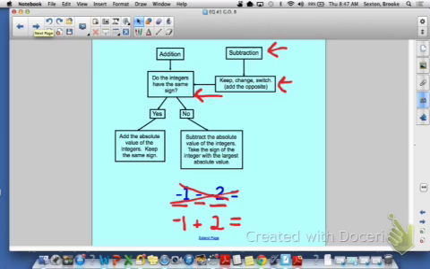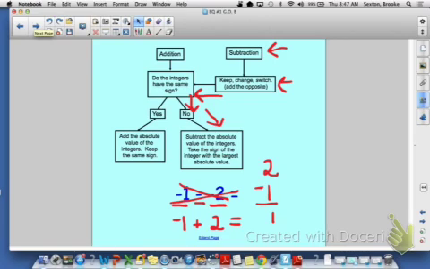Do the integers have the same sign? Nope. One is negative, one is positive. So I'm going to subtract the absolute value of the integers. So -1, the absolute value is 1. +2, the absolute value is 2. And I can subtract them. I know the 1 comes first, but that's okay to flip it around.